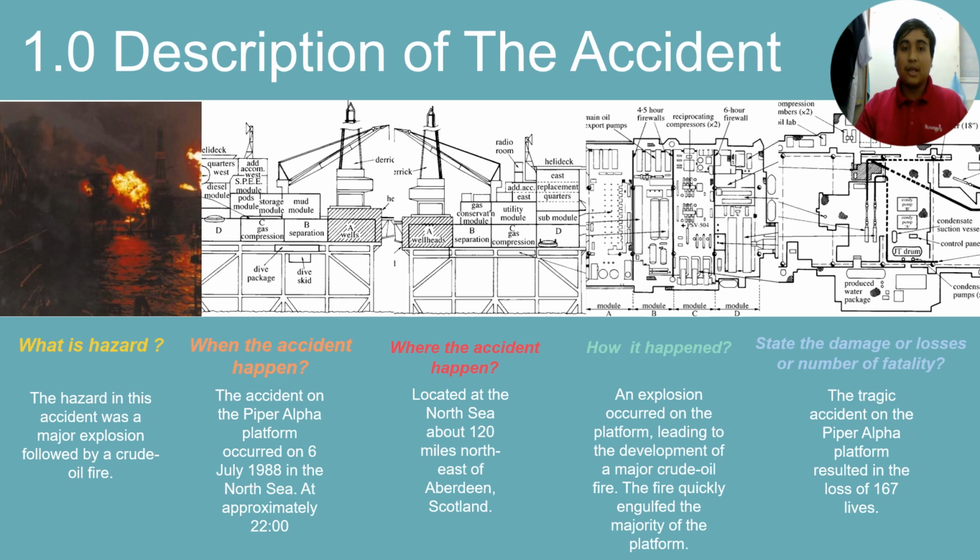As you can see from the figure above, that's how the fire engulfed all of the platform. As for the losses, this tragic accident on the Piper Alpha platform resulted in 167 lives lost.